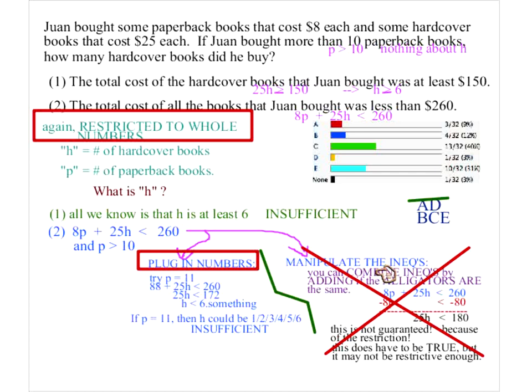So this is still insufficient, but let's go ahead and work with them together. Where did this come from? This came from multiplying that by -8. The purpose of multiplying by -8 was to switch the alligator around so that we could add them, and to cancel the P. If we multiply this by -8, this will go away, as it did here.